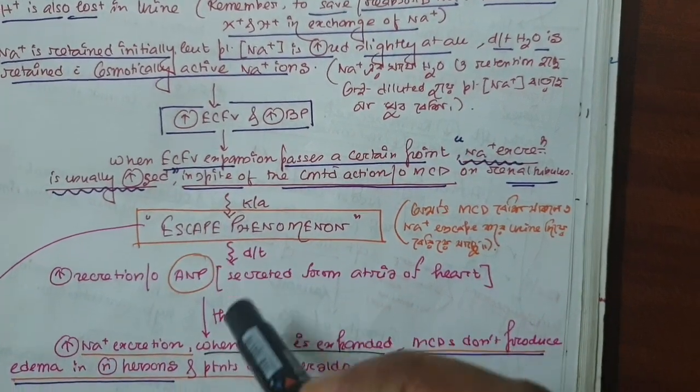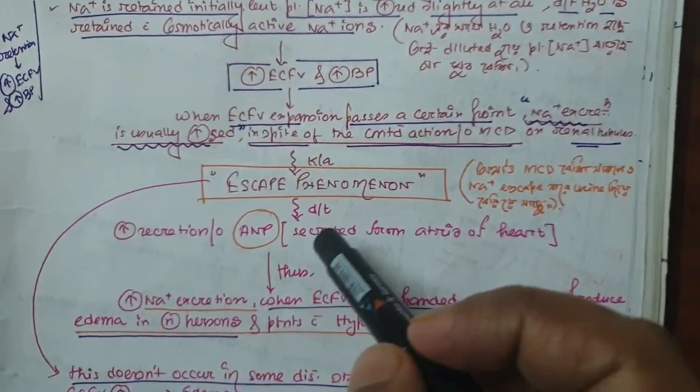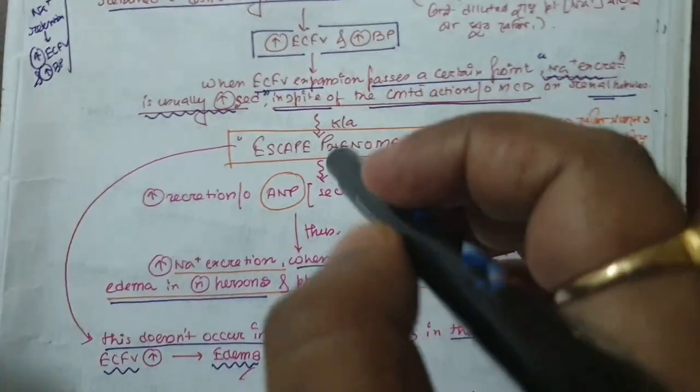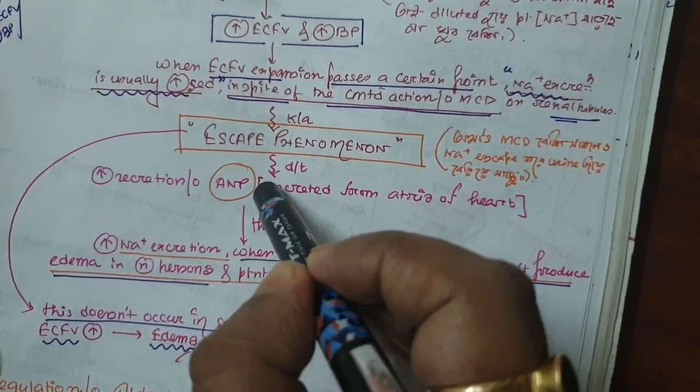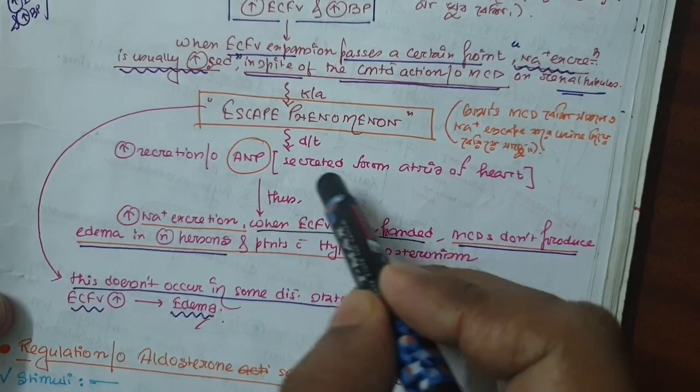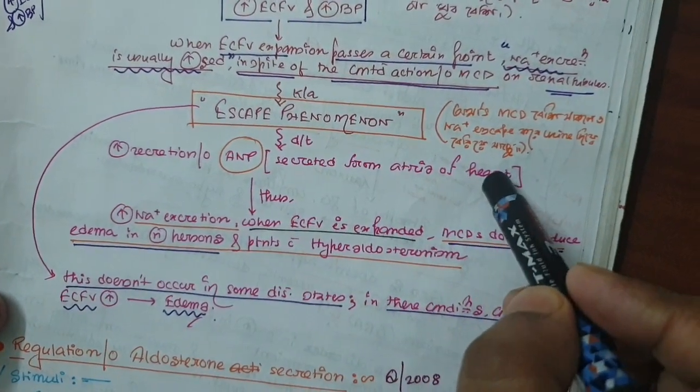It's a very important short note. Why is this occurring? This is occurring due to increased secretion of ANP, atrial natriuretic peptide, which is secreted from the atria of the heart.